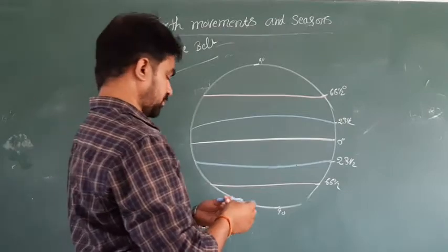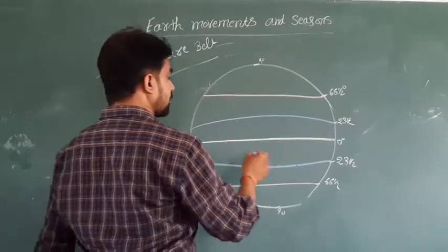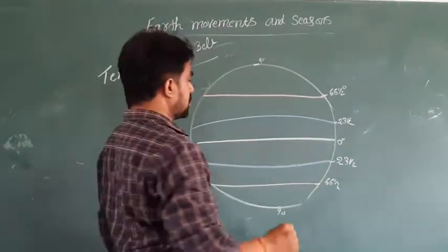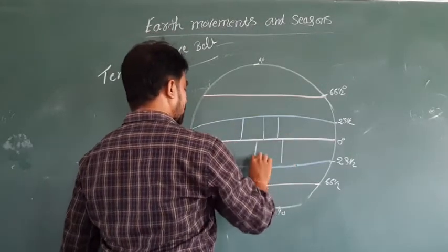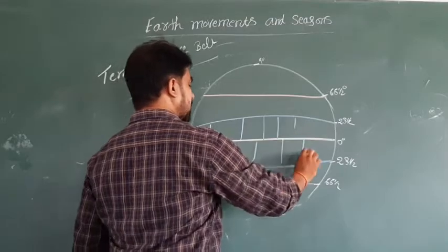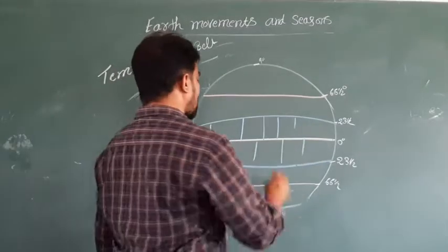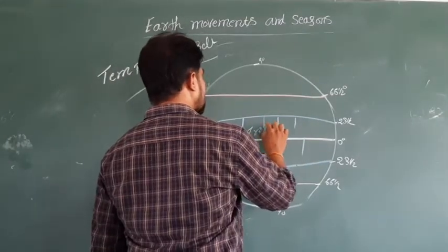See this, 0 degree to 23.5 degree. This area is called the tropical zone. Tropical zone.